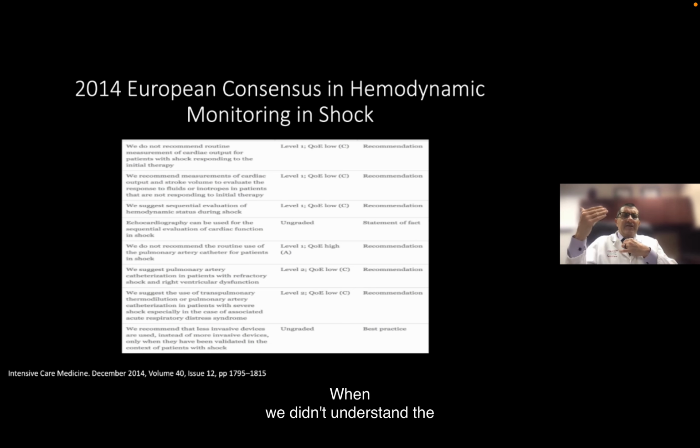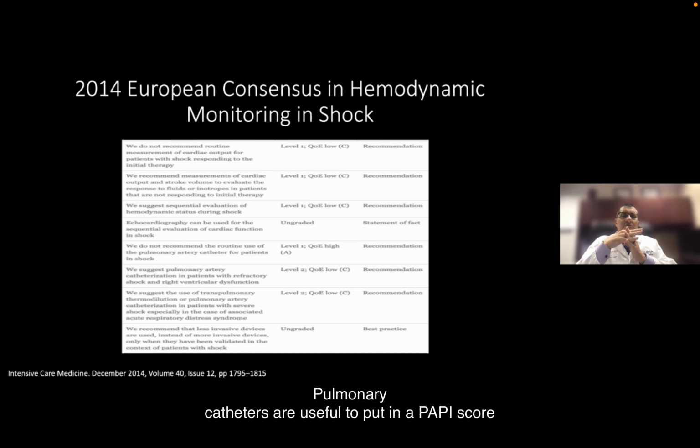When we didn't understand the septic shock, or if they were in cardiogenic shock. And the American Heart Association, AHA, with the cardiogenic shock network, has really started to recommend, if you don't understand the cardiogenic shock, pulmonary catheters are useful to put in a PAPI score and calculate cardiac power at all times to understand whether you need to optimize that right ventricle.